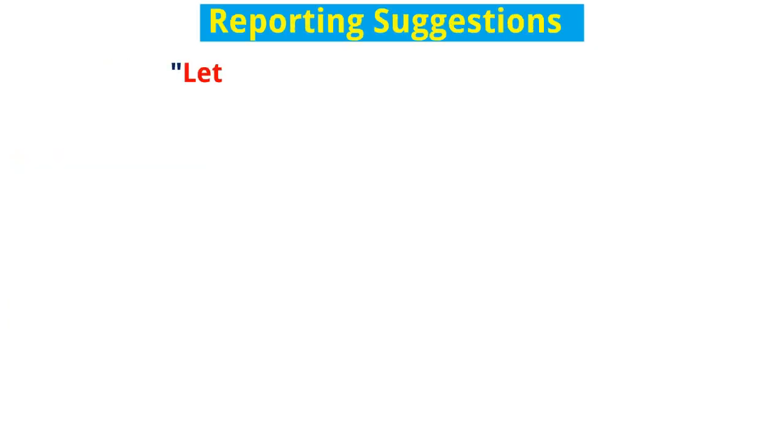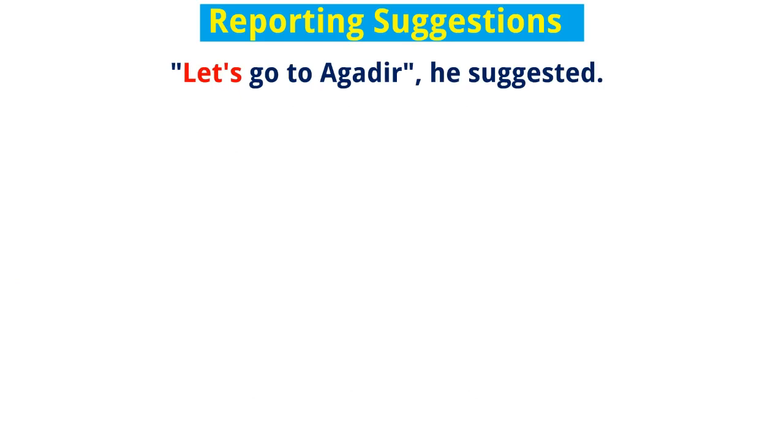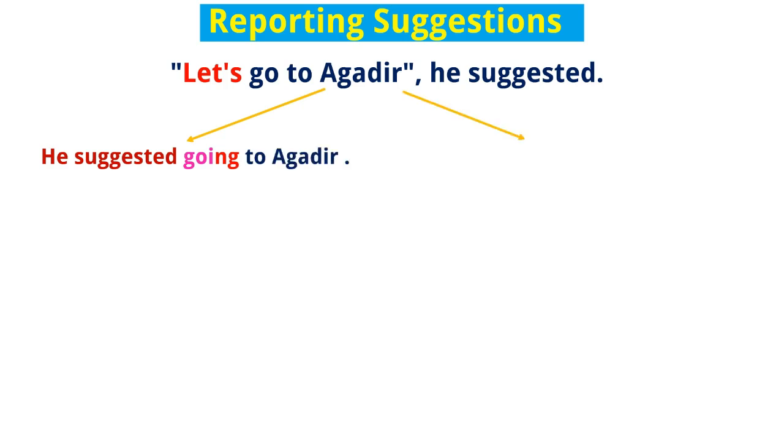Let's move to reporting suggestions, or how do we report suggestions. For example, "Let's go to Agadir," he suggested. This sentence can be reported in two different ways. For example, he suggested going to Agadir, or he suggested that we go to Agadir.